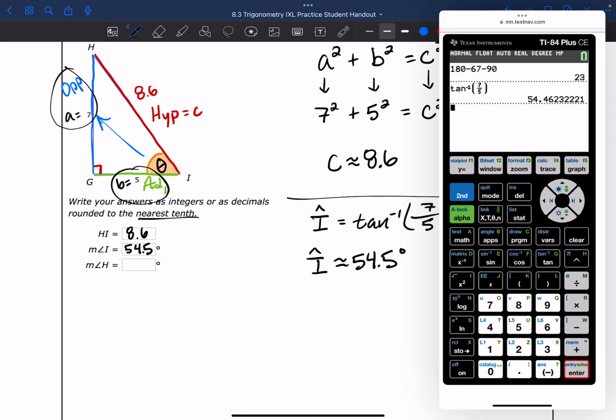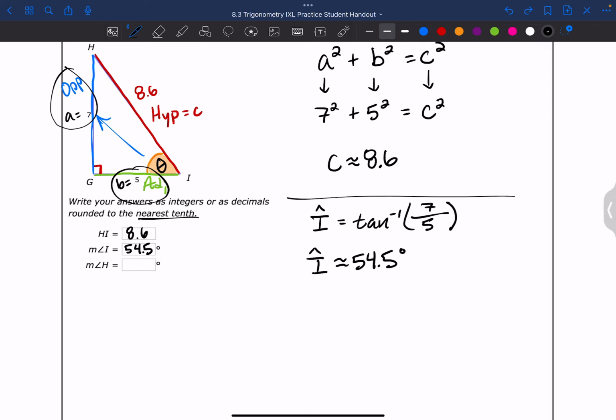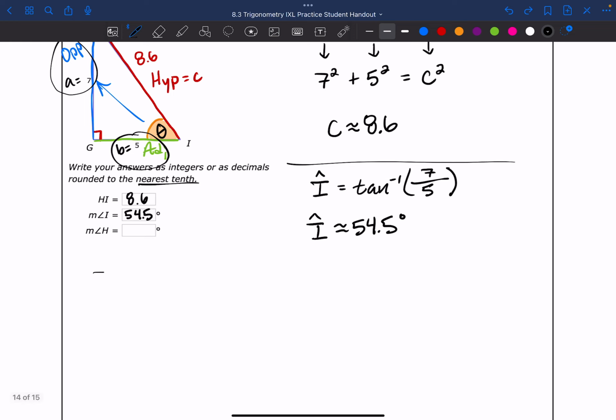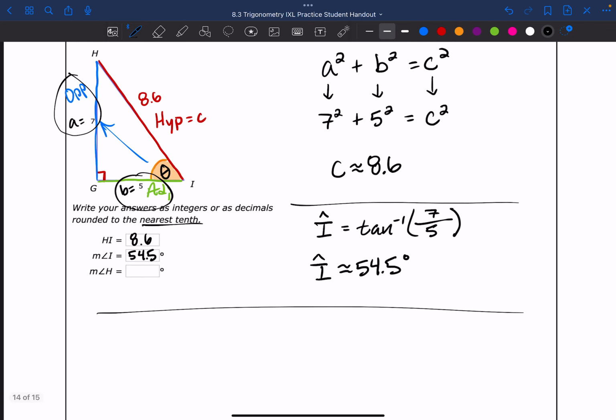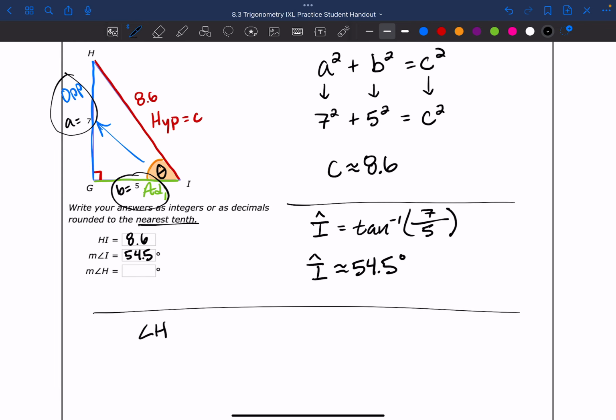Okay, there's 2 options you could do. You could apply inverse trig again to find H, or you can utilize the interior angle sum of a triangle. So we're going to use that to find it. So again, if we look right here, angle H plus angle I plus angle G. When we add all 3 angles of a triangle, or interior angles of a triangle, it equals 180.